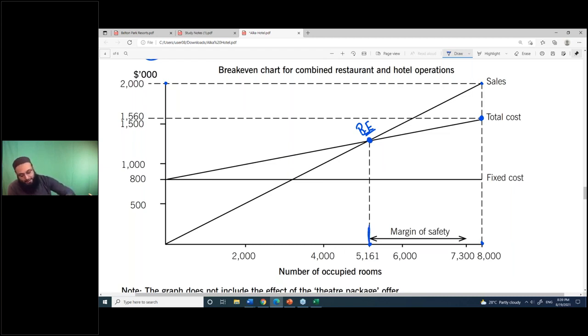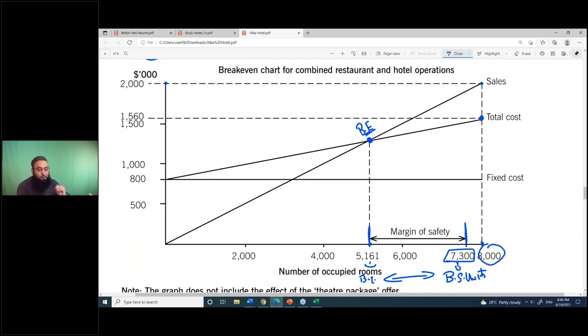And this is your margin of safety, which means your budgeted sales units are 7,300, because how you work out MOS, you know the formula? It's budgeted sales units minus the break-even units. So what confusion the examiner is trying to create and trap you with is to confuse you by this 8,000 here.